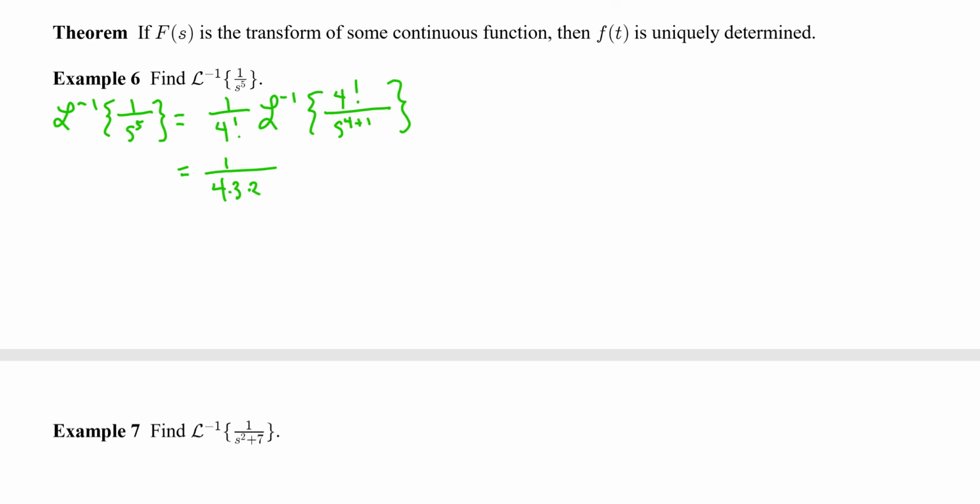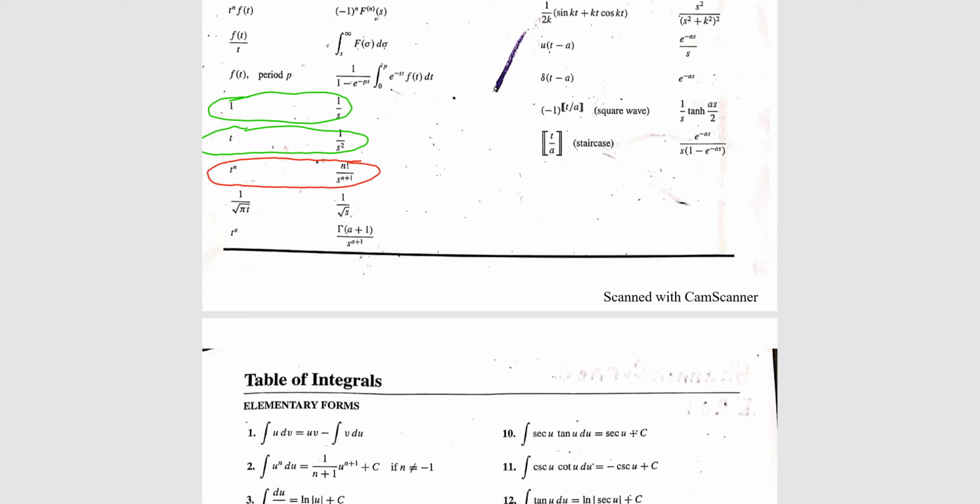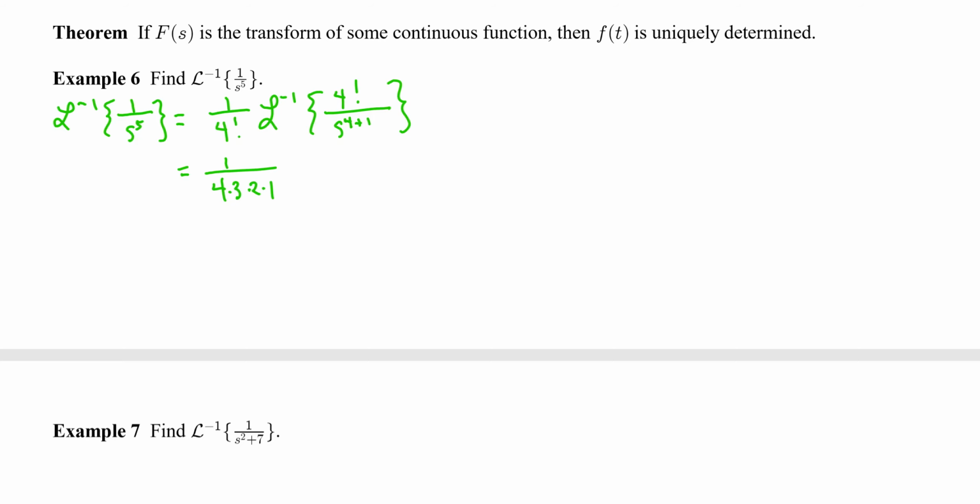That's 1 over 4 times 3 times 2 times 1. Now we can observe from the table, the inverse Laplace transform is t to the nth. Remember, n in this case was 4, so we have t to the 4th. Thus, the inverse Laplace transform is t to the 4th over 24.